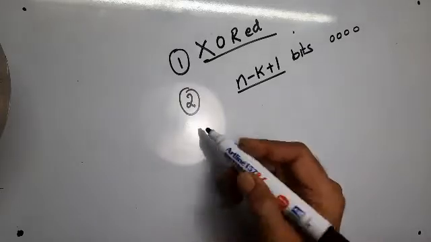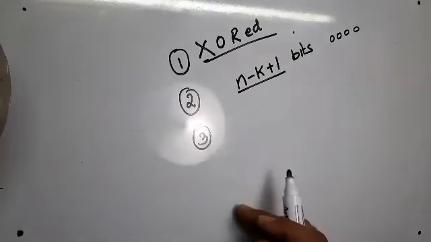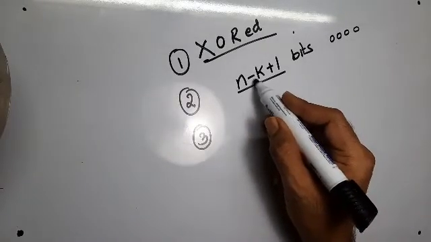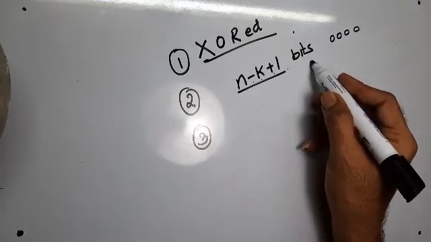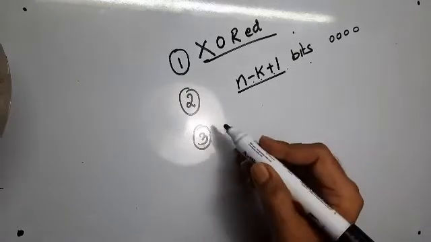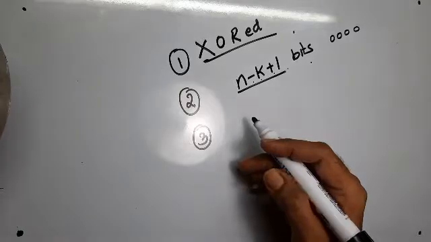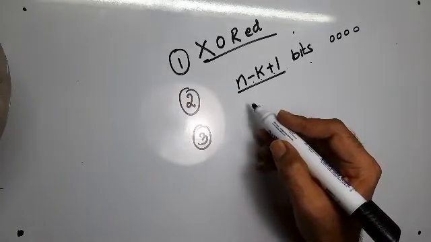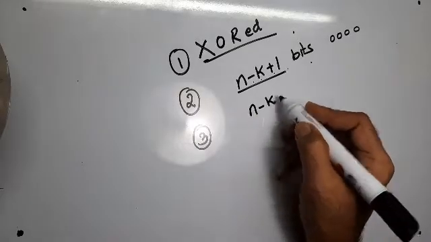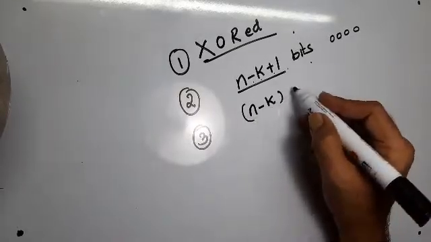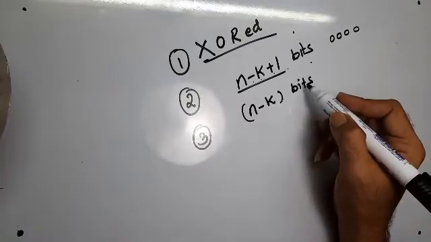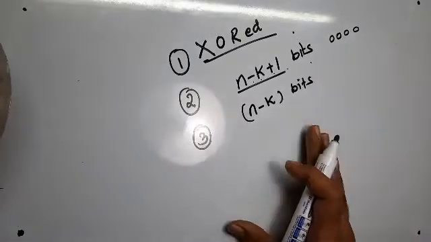The third point that we observed is that if my divisor length is n minus k plus 1 bits, then at every step only n minus k bits of the divisor are needed in the XOR operation.